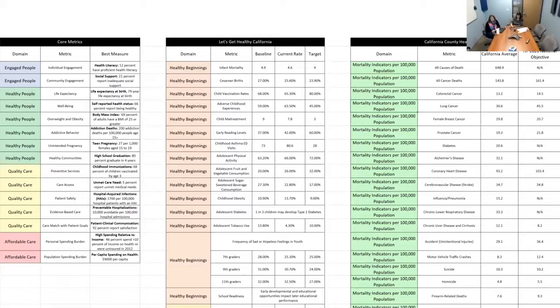This is something that we'll be providing to you at a later time as well, but it can help you get an idea of where to start and which metric might be good for you in making decisions and for planning purposes. Anything to add to this, Sue? No, just the core metrics on the left, those are the 15 metrics, and the 9 sites will be getting that data for each of your counties. And then we just crosswalked because the Let's Get Healthy is a big measure set, and then Rebecca was referencing the county health profiles. There is some overlap, but not a lot.